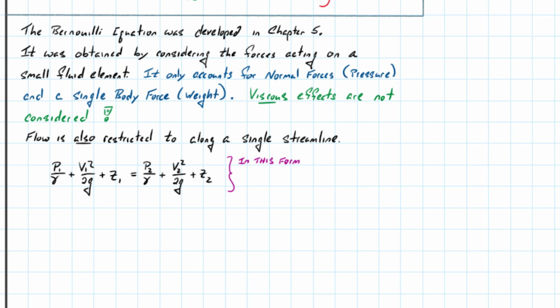So the whole equation would have units of length, meters or feet. And we're going to now utilize this, or remember what this is, when we are discussing and thinking about the energy equation, which will include the viscous losses.